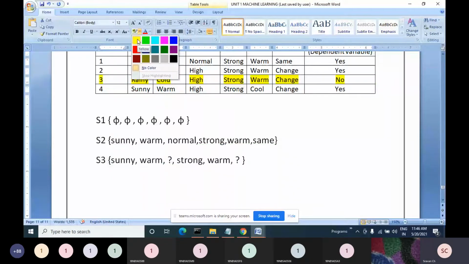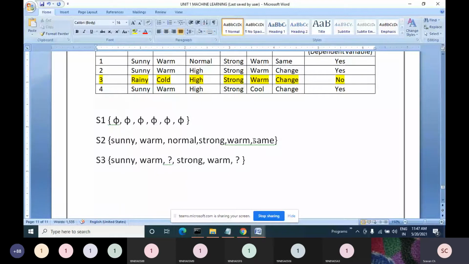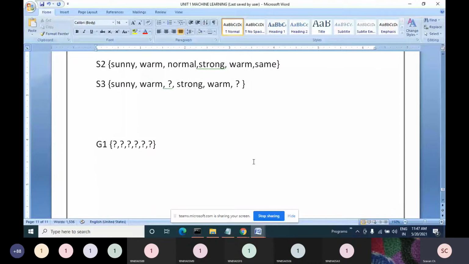If my outcome is negative, what will I do? If my outcome is negative, I will update my G value, the most generic hypothesis. How will the G value be updated? Please observe this carefully. This is an important step, my dear friends.